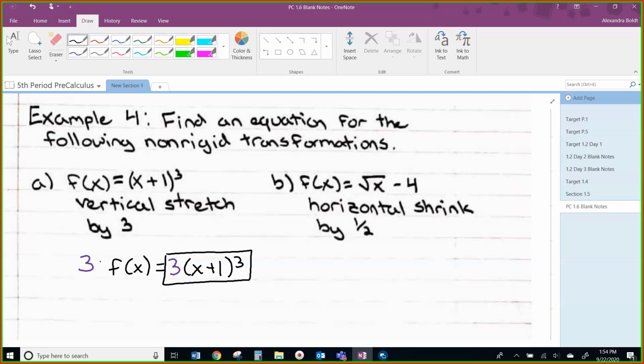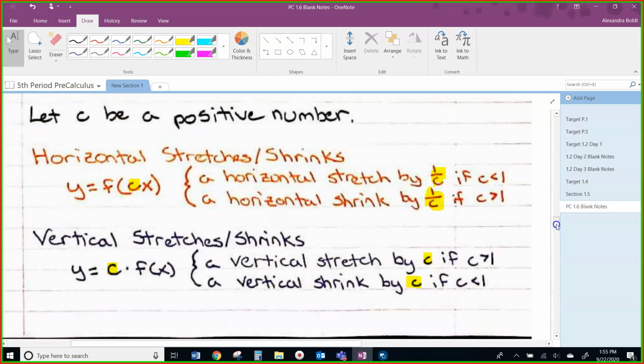For part B, we have f of x equals the square root of x minus 4, and we want to horizontally shrink that by 1/2. This is the weird part, okay? Because if we go back up above, when we shrink by 1 over c, we put a c here.